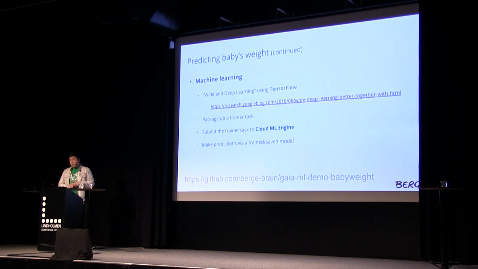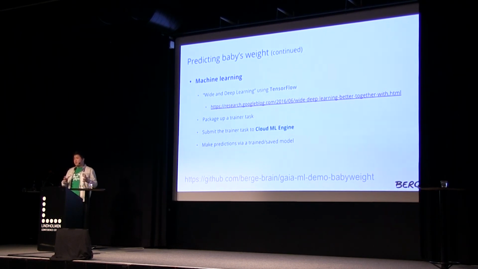In the machine learning part, the neural net that we're going to implement is called the wide and deep model. If you follow this link, there's a research paper about how it combines wide learning as well as deep learning, which is just a deep, fully connected neural network.